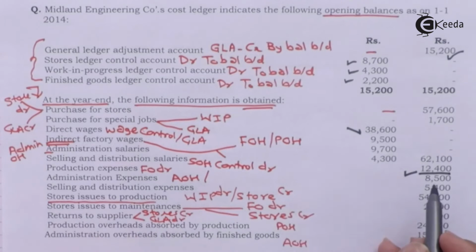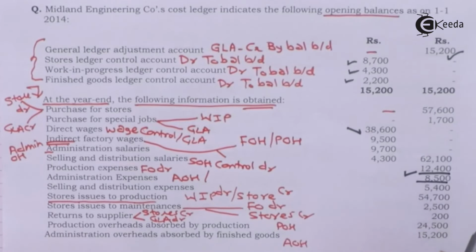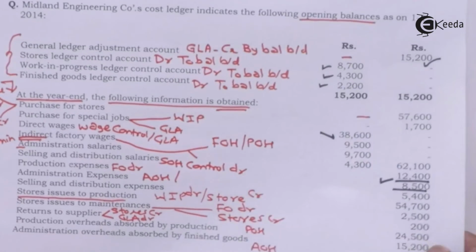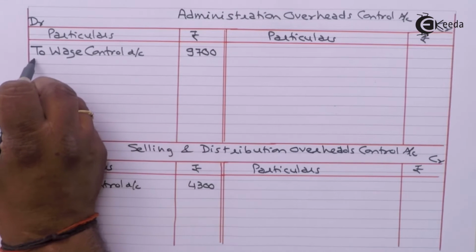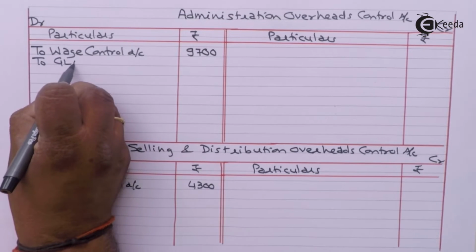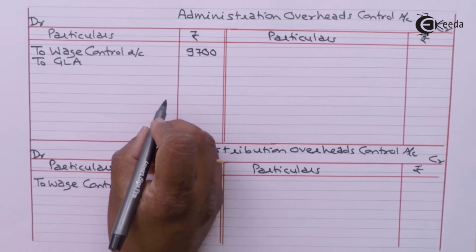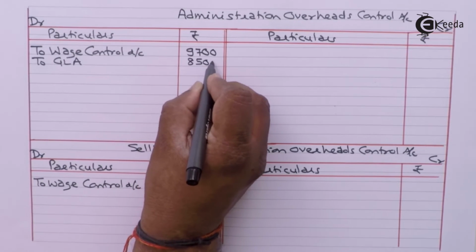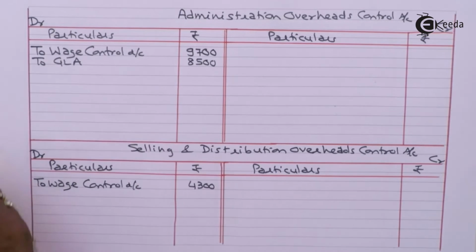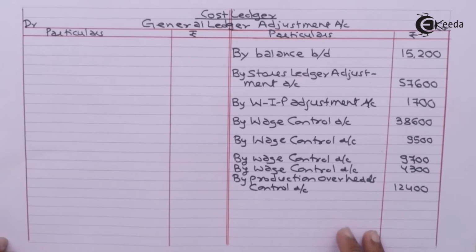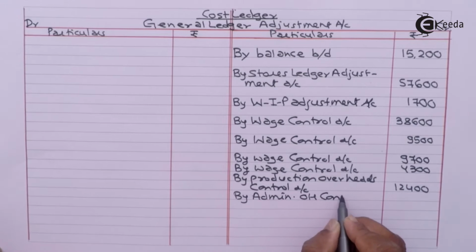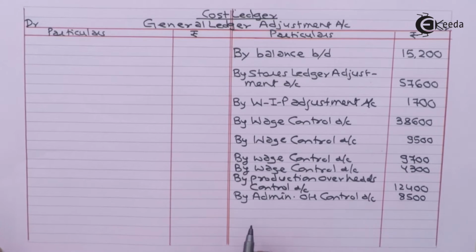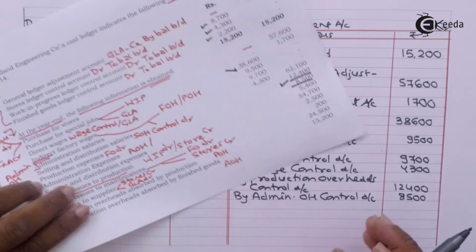Administration expenses 8,500. Administration overheads control account debit side to GLA 8,500. It will be credited to GLA by administration overheads control account 8,500.